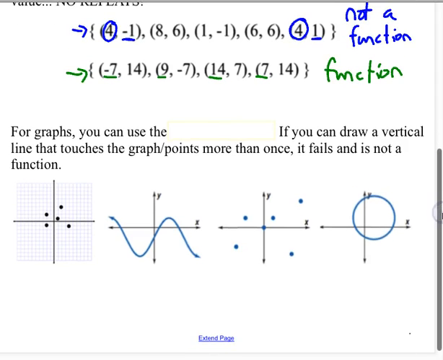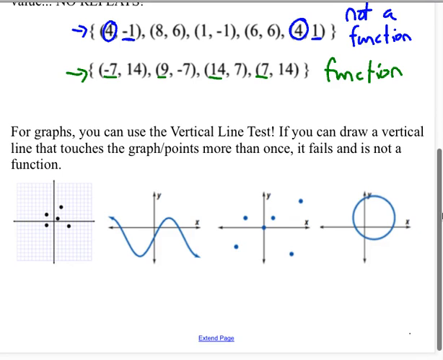All right, and then lastly, for graphs, we can use what's called the vertical line test. Okay, so this is going to be the last piece of determining if something is a function or not. So, for the vertical line test, if you can draw a vertical line that touches the graph or points in more than one location, so more than once, it fails and is not a function.